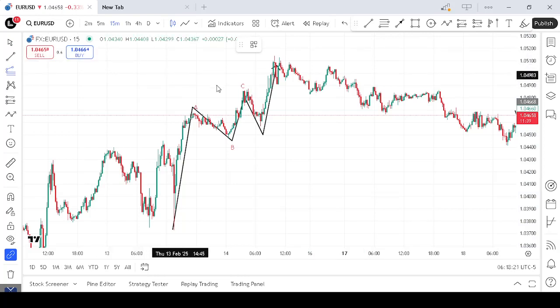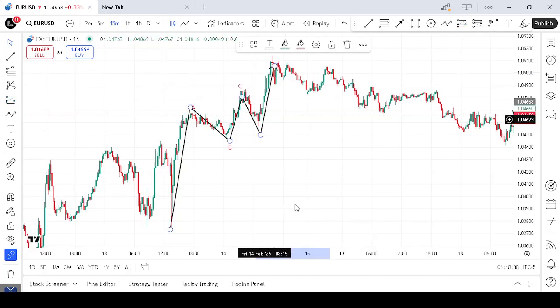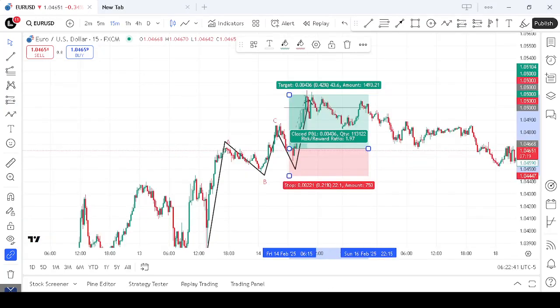Or basically, you can just use a fixed risk to reward ratio, like 1:2 or 1:3. I always prefer using 1:2. Using the 1:2 risk to reward ratio also gives us room to allow price movement.